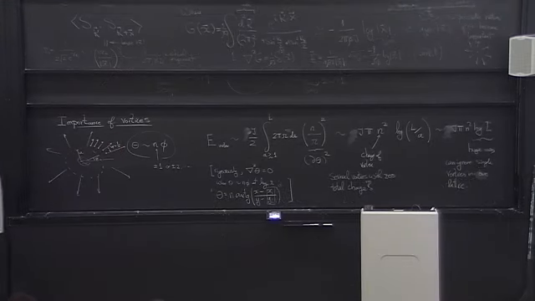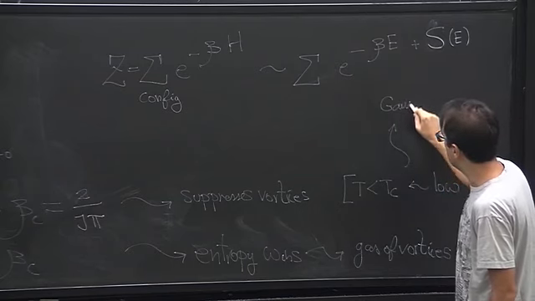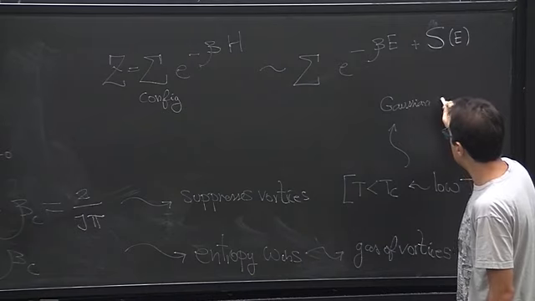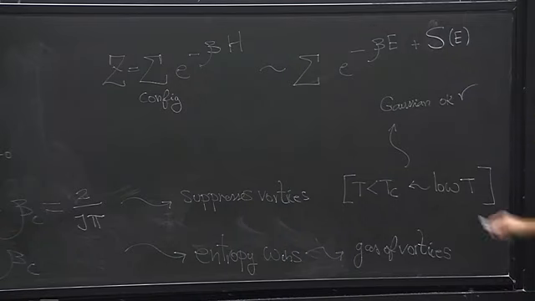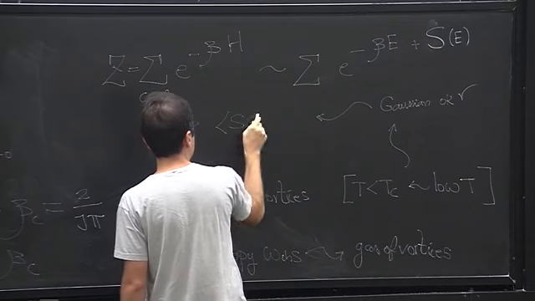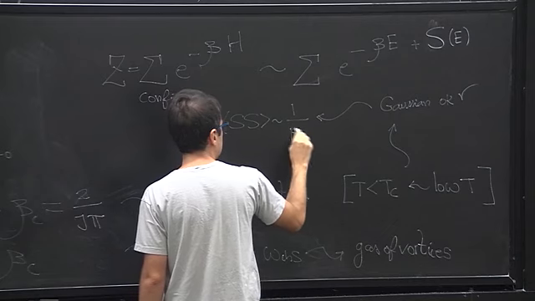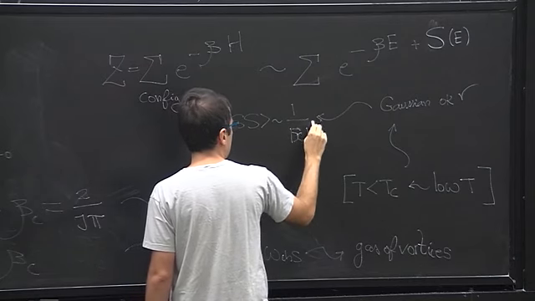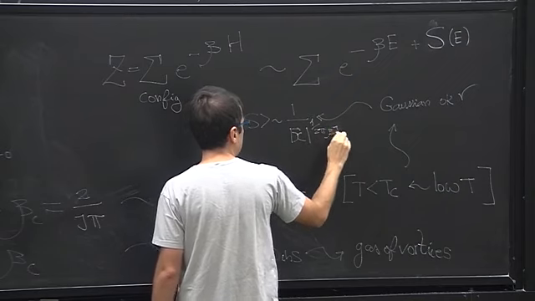So at low temperature, we forget about the vortices, and the Gaussian model should be okay. And in the Gaussian model, we got that the correlation of my spins was just 1 over the distance to the power 1 over 2 pi J beta.